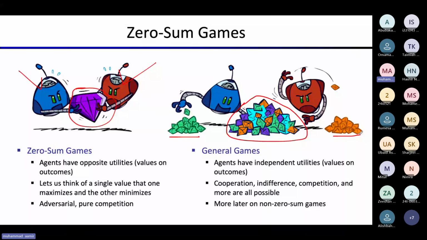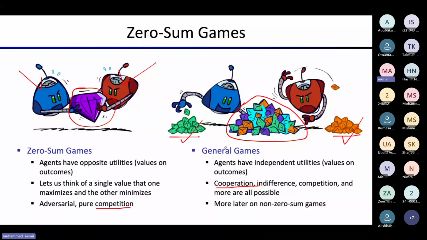The win or the optimality will be decided on the basis of the maximum number of counts, maybe in the smallest amount of time. This could be the output, which player got more diamonds in less time. There could be other settings of the game as well. So we call it a competitive environment in zero-sum games, and a cooperative environment in the general games, because both are working independently without competing with each other.